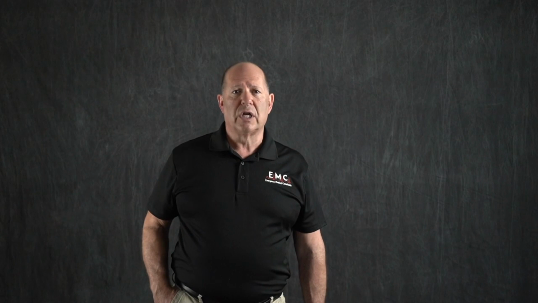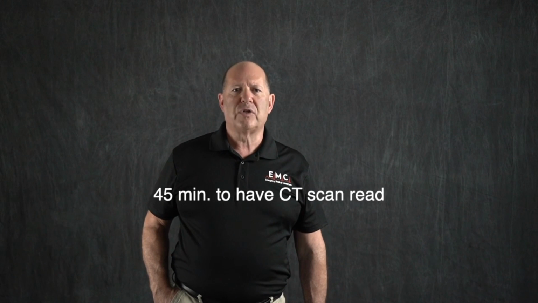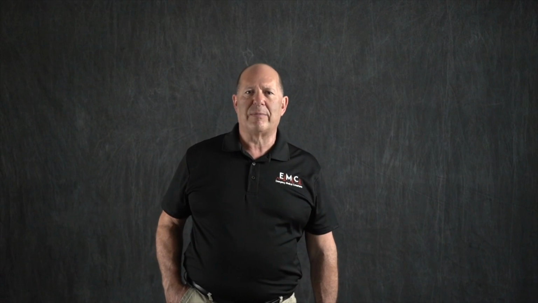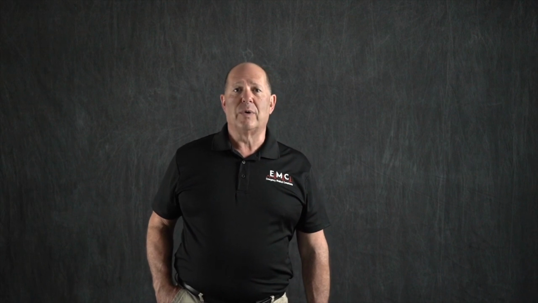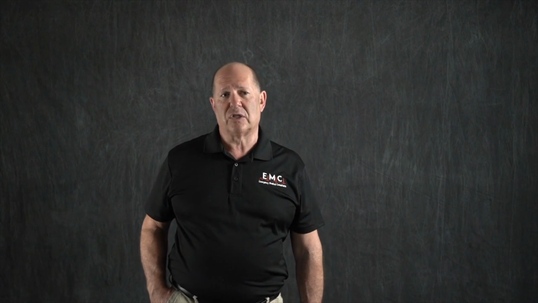So the general rule is 25 minutes to get them CT'd, 45 minutes to have it read by the expert who reads them at your facility, and then off to whatever specialist would either give them a fibrinolytic or do an invasive procedure at your facility or the facility that you're taking the patient to.